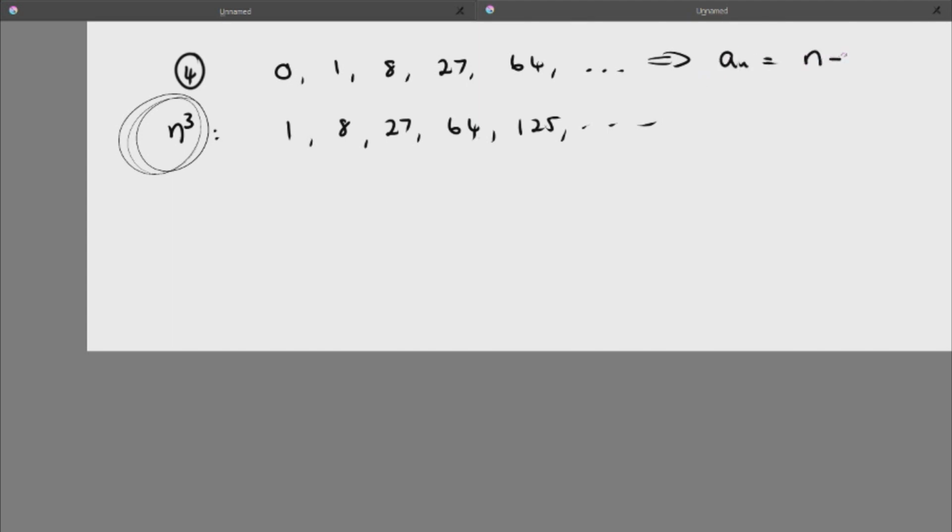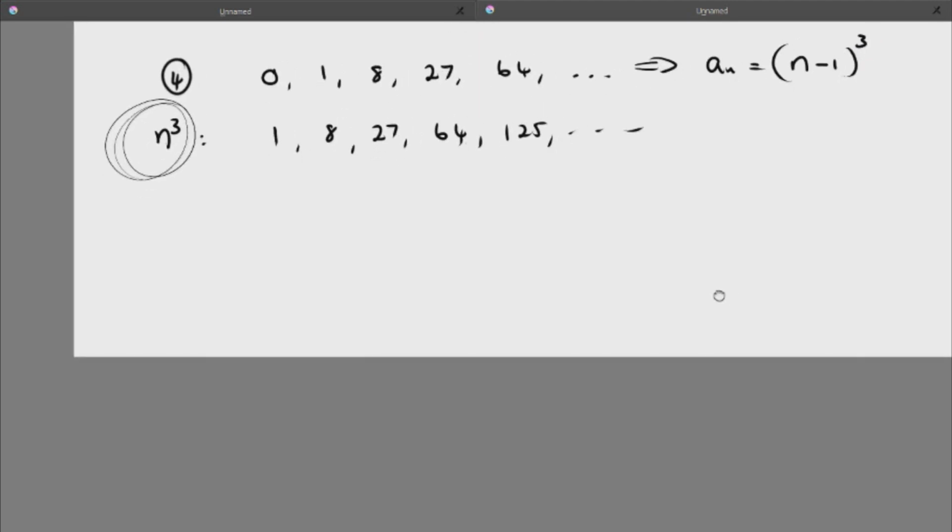I claim it is this. Let's make the sequence, to check the formula. I'm not going to bother with the first one right now. If I want to be in position 3, I want to find this one.